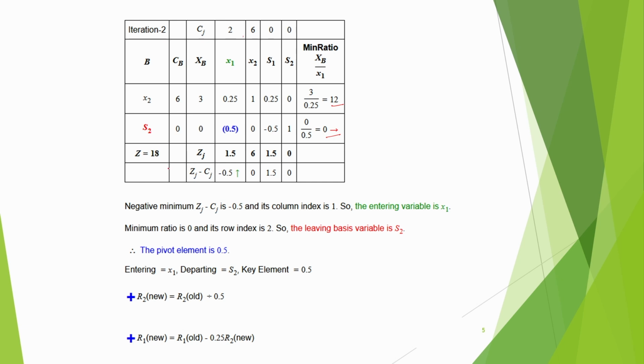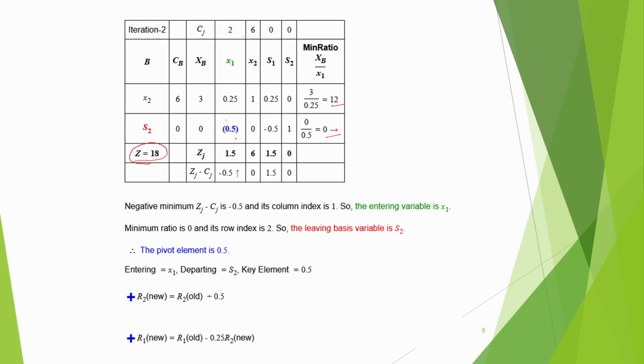So you can take this one, and notice that at this stage your optimum function value is 18. So you do that operation and decide that entering is x1 and departing variable is s2, and R2 new you found is R2 old divided by 0.5, because you have to normalize that.